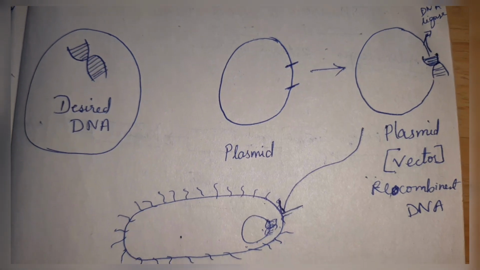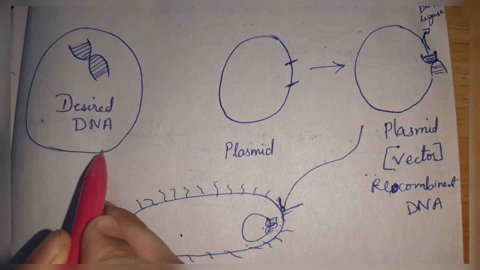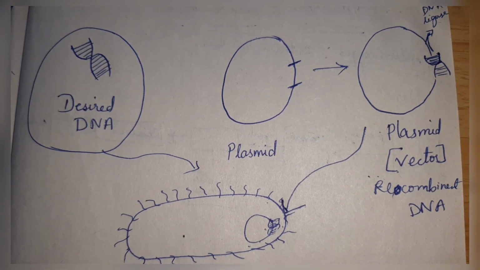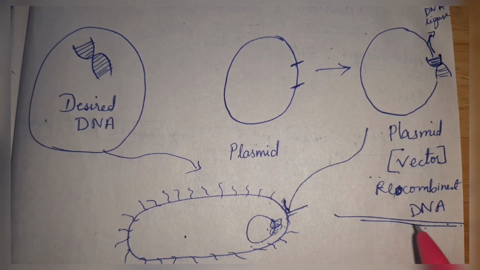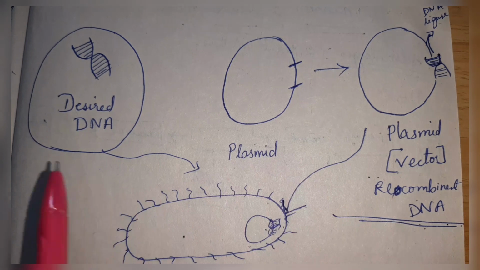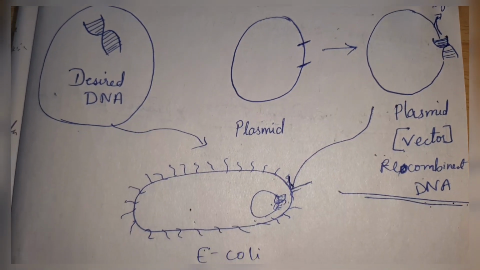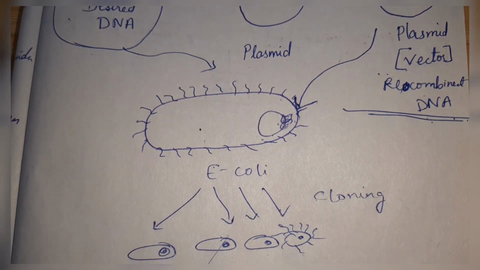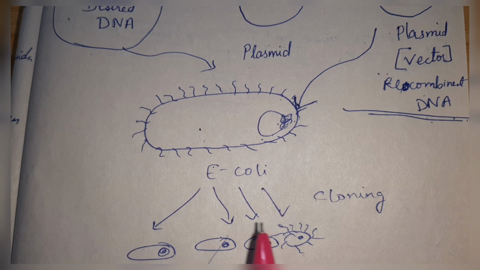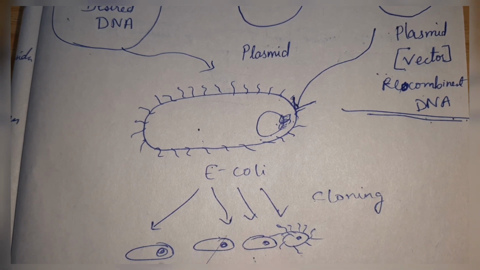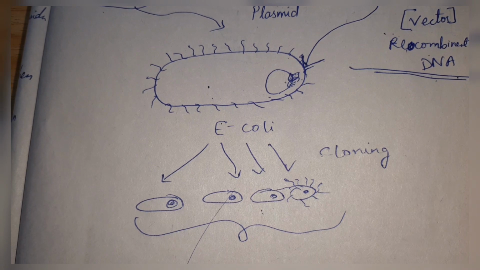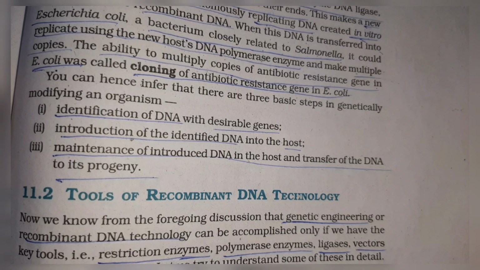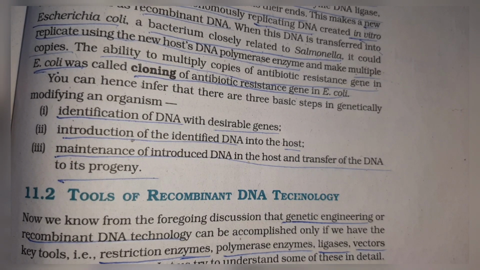We have to ensure that this desirable gene goes into the host through a plasmid, a recombinant DNA. With the help of recombinant DNA, our desired gene gets incorporated into the host. And the third step is that it is incorporated in the progeny. We should ensure that multiple copies are created in its progeny, which is known as cloning. So these were the three basic steps in genetically modifying an organism.